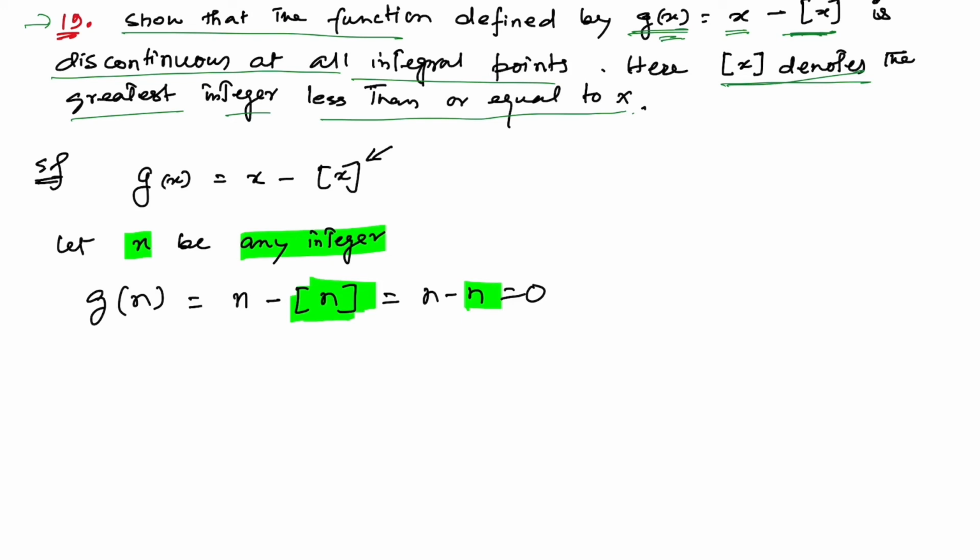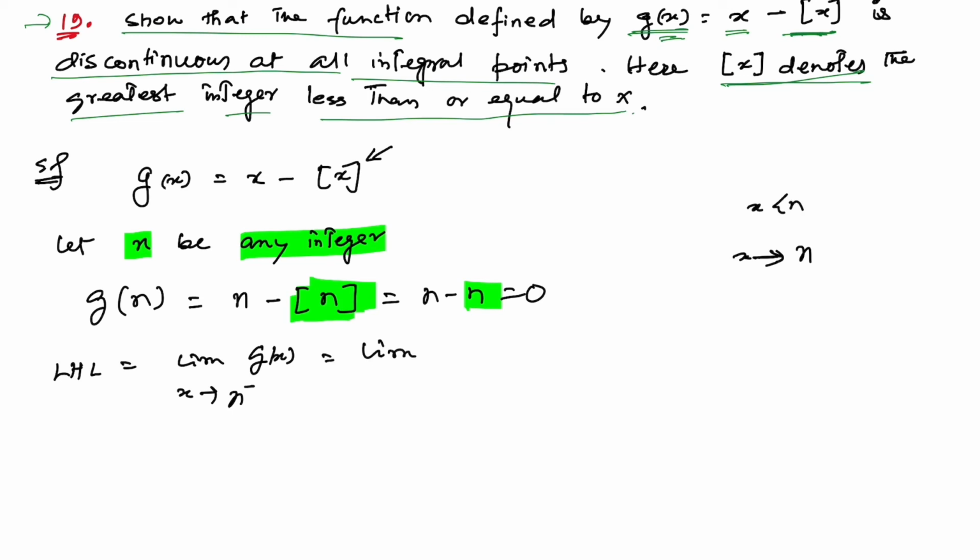Now let us find the left hand limit. That is the limit of g of x where x tends to n negative, that means x is not equal to n. So x is approaching n, and x is now less than n.